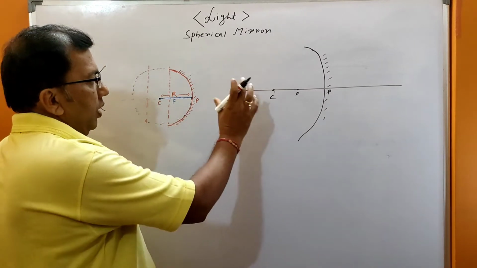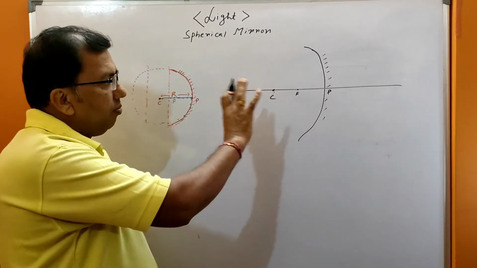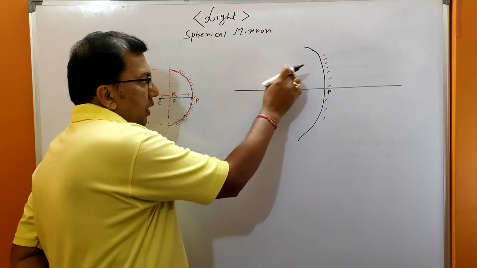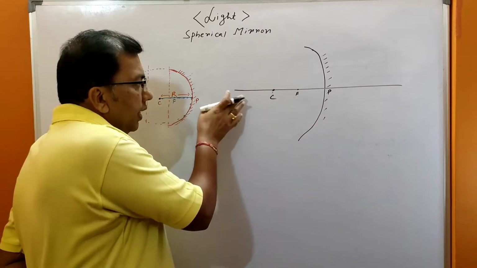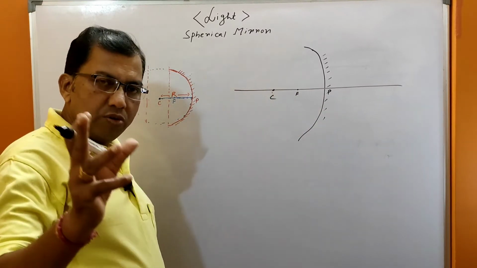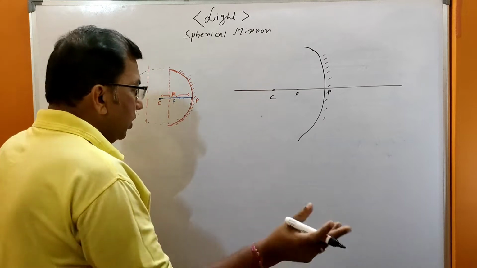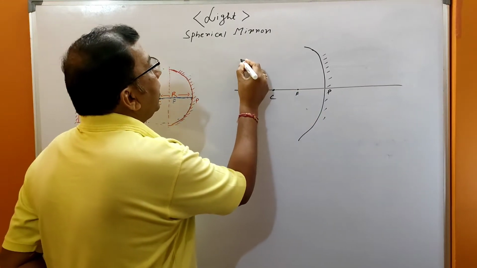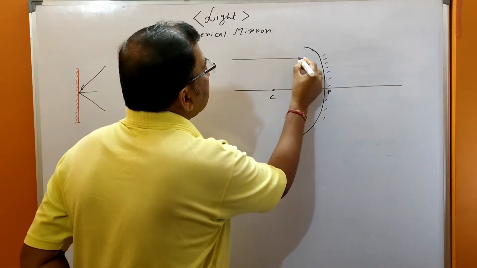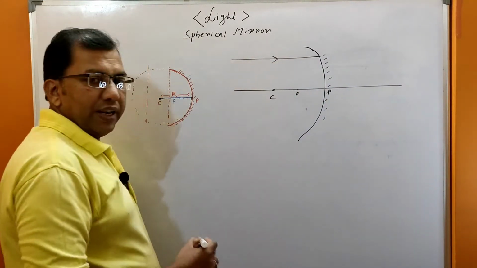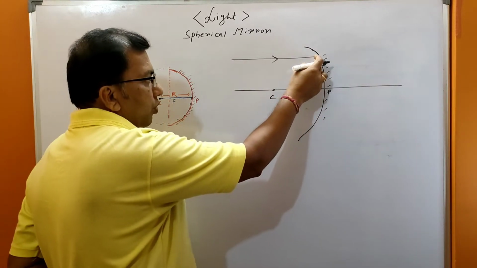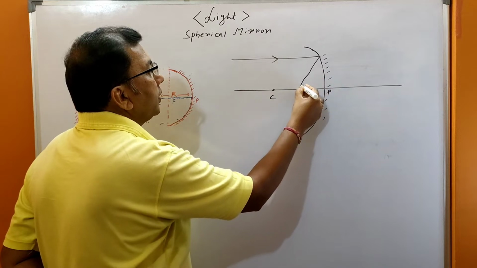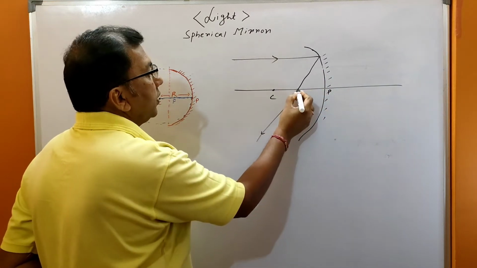So when some ray of light is incident parallel to the principal axis, what will happen? See, if this is the principal axis and this is a ray parallel to the principal axis, incident at this point, it always passes through the focus.